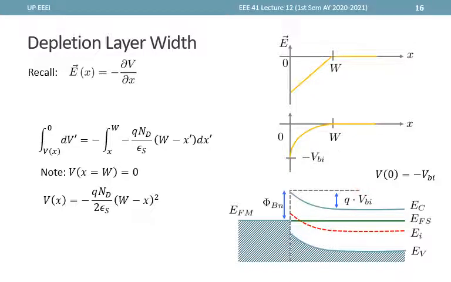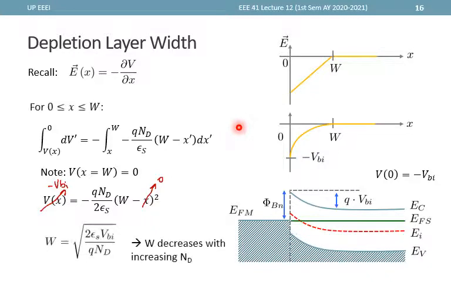So if we use that information, we can substitute this one to be minus V_BI, substitute x equal to 0, and we can actually solve for W, which gives us this expression right here, that W is equal to the square root of 2 epsilon V_BI over q N_D, whereas the negative actually cancels right here.